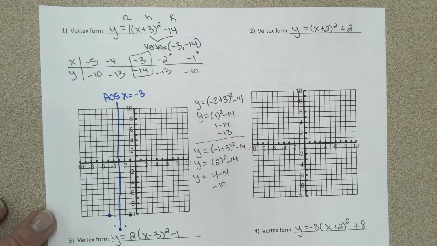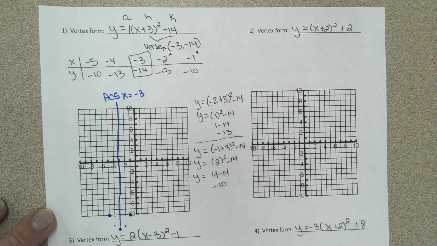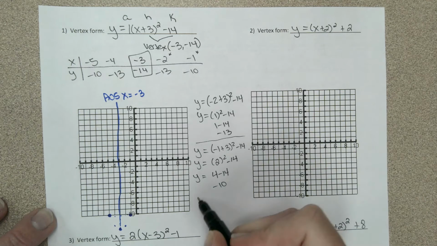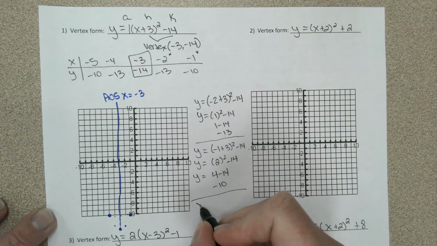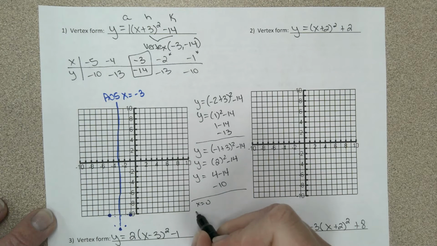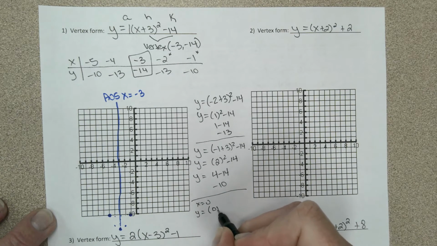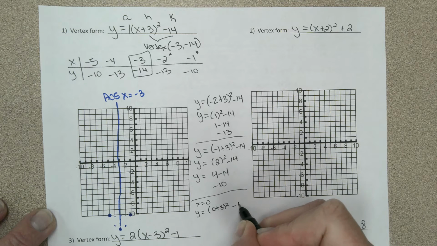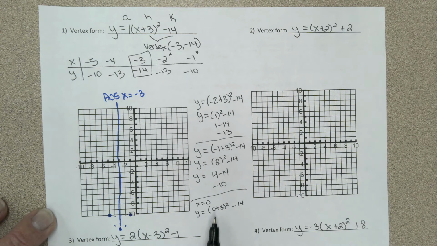I wanted a few more points, and so earlier I set x equal to 0 so I could see where it was crossing the y-axis. So that 3 squared is 9, and 9 minus 14 is -5.